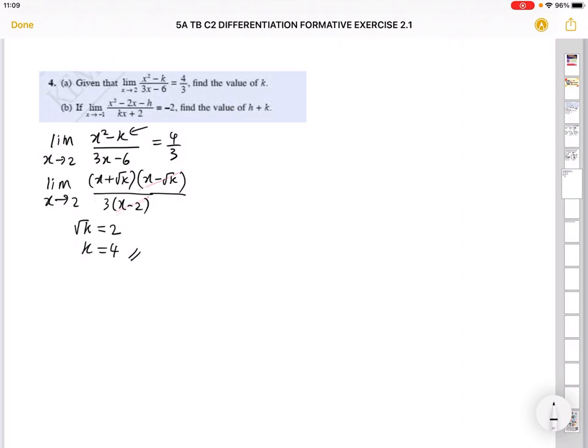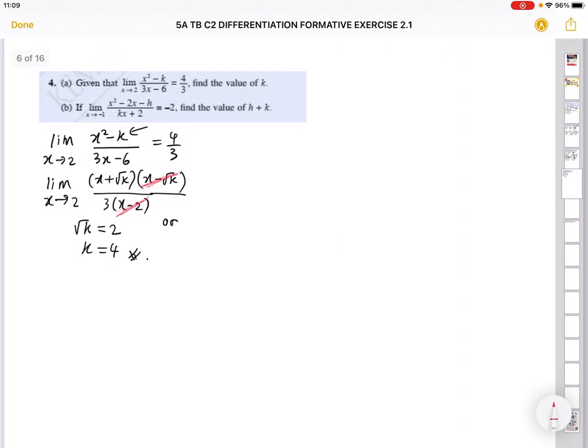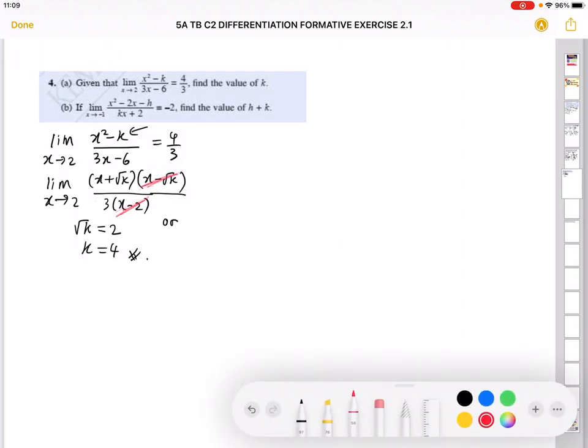Another way of thinking is that after you substitute and you cancel this, let's see, I cancel this already, maybe I make it a bit darker, you're left with square root x plus square root k over 3. And when you put 2 inside, we know the limit is going to give us 4 over 3.